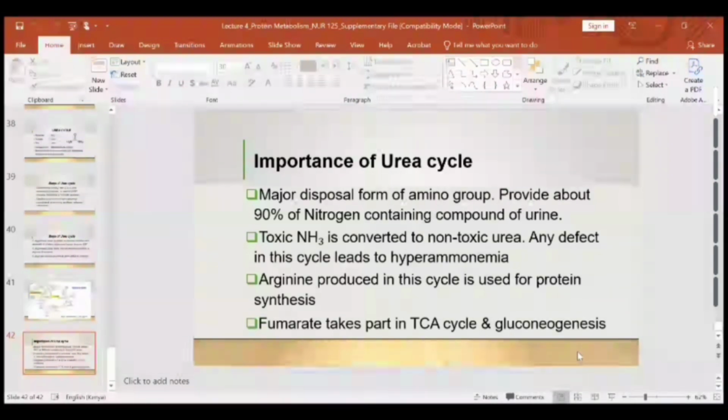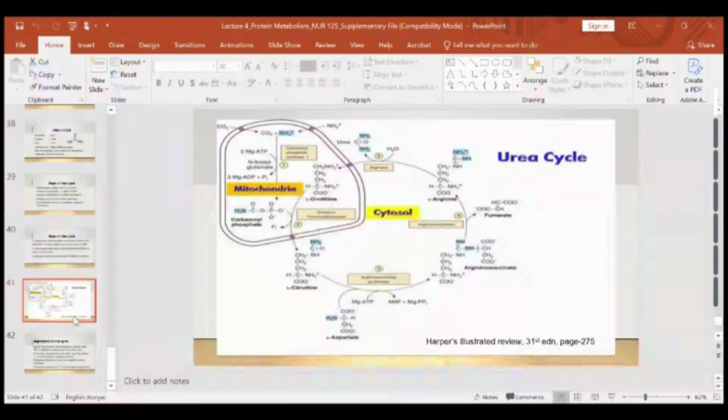Much as it's an energy utilizing process, we've seen about 3 ATP molecules are being utilized. In the first step, 2 ATP molecules. I think in the third step, 1 ATP molecule, if I'm not wrong, yeah. If you look at this process, in the combination of CO2 and ammonium to produce carbamoyl phosphate, 2 ATP molecules are utilized.